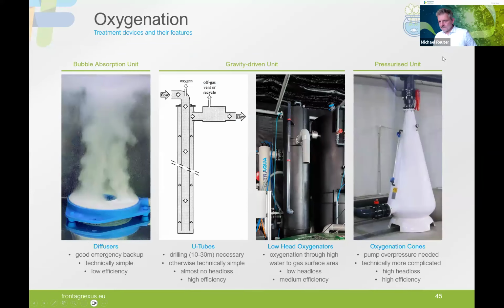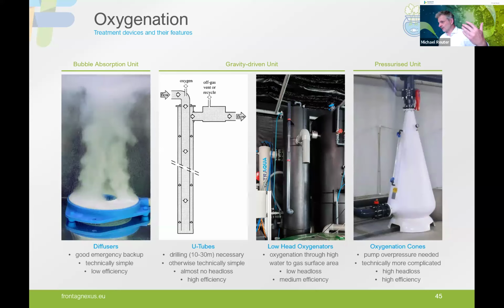And here again, we have a couple of devices that are usually used for that. One is again a bubble absorption unit. Normally, when we oxygenate the water, we use units that produce much smaller bubbles, also called nanobubbles, because we normally want as much of the gas as possible to dissolve into the water.